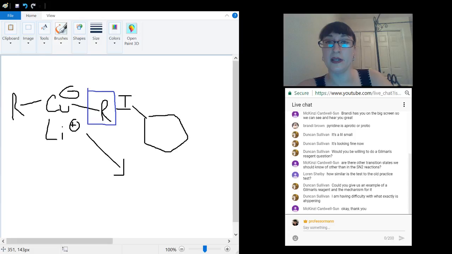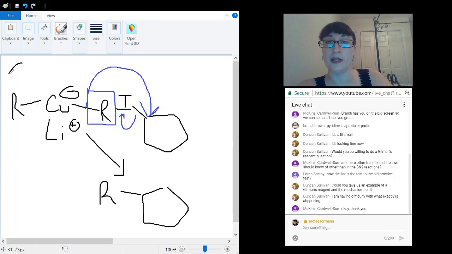So we can show that attacking at a place very comparable to the SN1, SN2 type reactions that we've done, and displacing the leaving group. When you do that, you would get whatever that R group is, and that R group's going to be a carbon group. That's the type of chemistry that it does. You have to use lithium, and then you use copper iodide to make this to begin with, and we did that one in class.